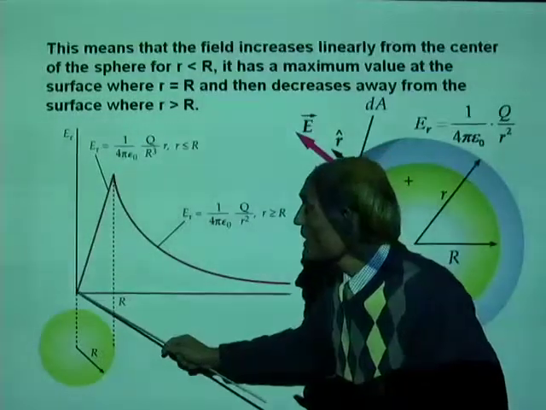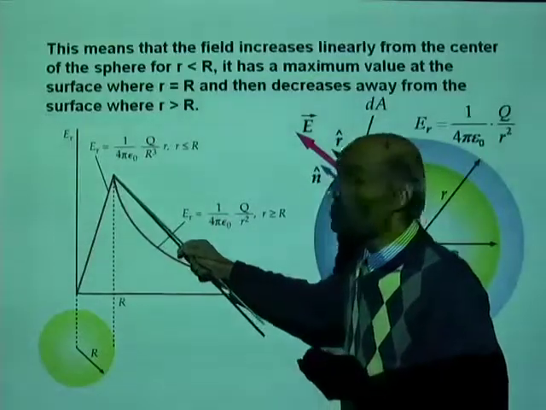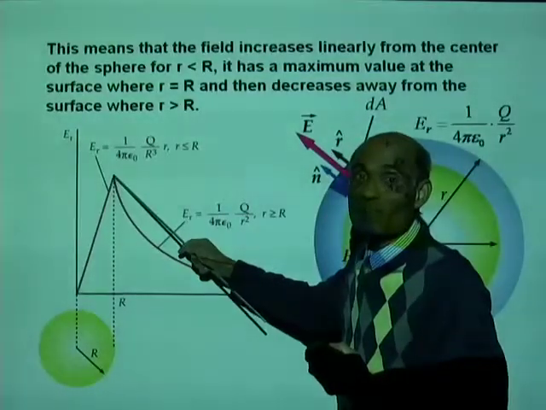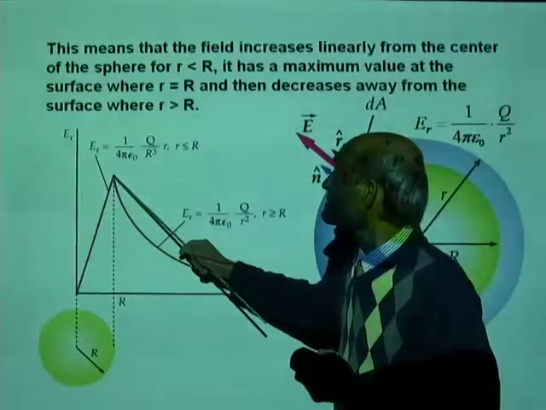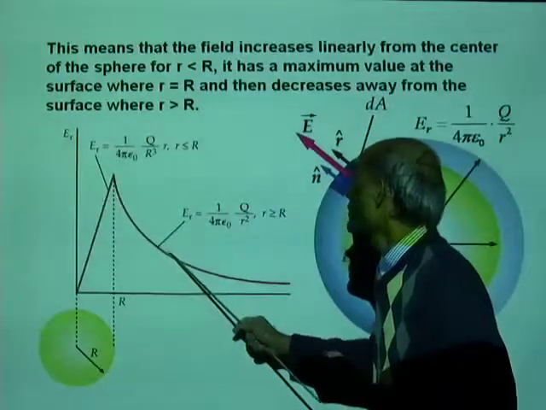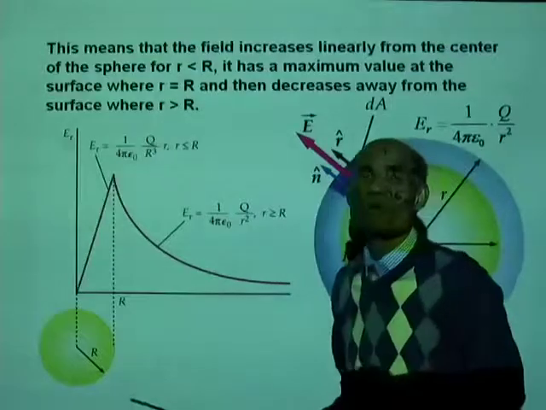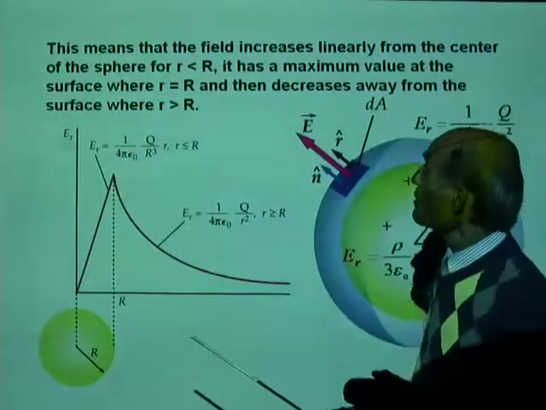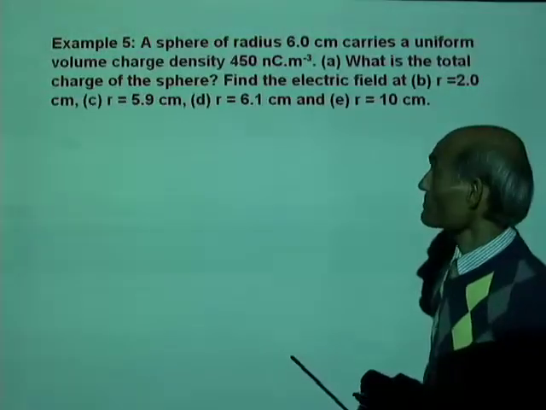The electric field increases from 0 to a maximum. Where do we have the maximum electric field? We have the maximum electric field at the surface, and as you go away from the surface, the electric field decreases, becoming 0 eventually. Okay, let's now use this to solve a problem.